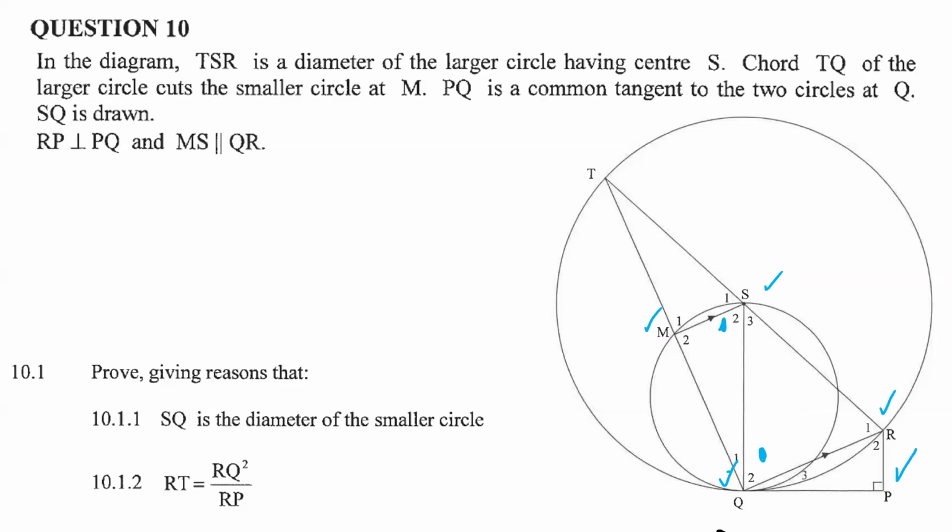Wouldn't that prove that SQ is the diameter of the smaller circle? SQ will be the diameter of the smaller circle only if it subtends an angle of 90 degrees at the circumference. We'll have to prove that the angle M2 is 90 degrees. And that is all.